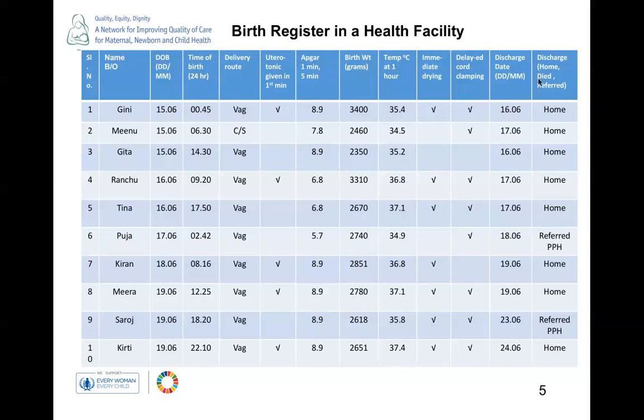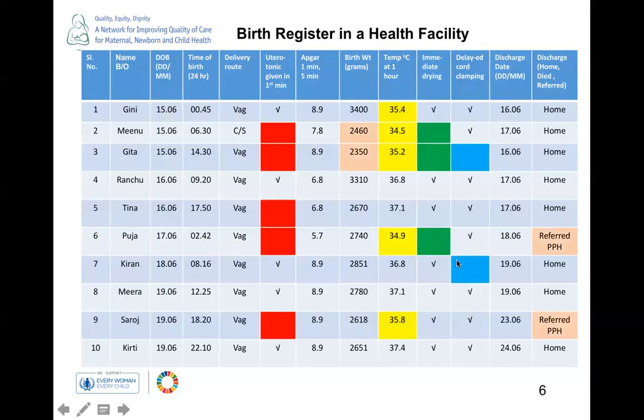And if we look at this birth register data, we come to know there are a lot of gaps in the quality of care which is happening in this healthcare facility.